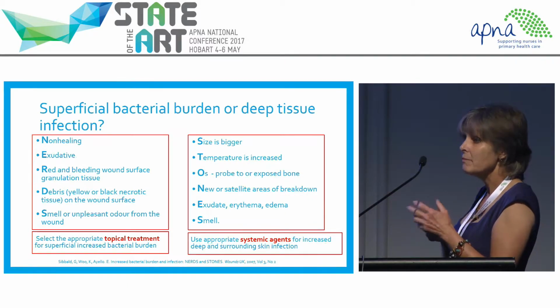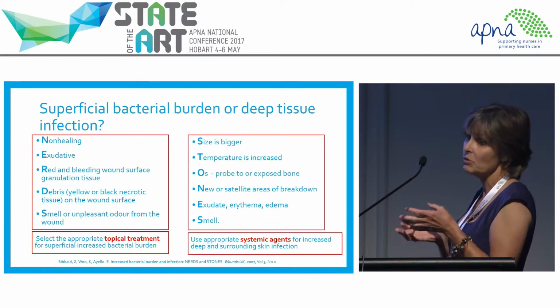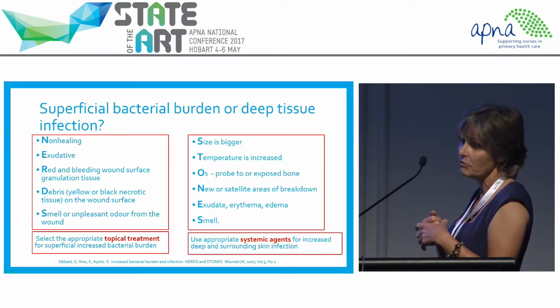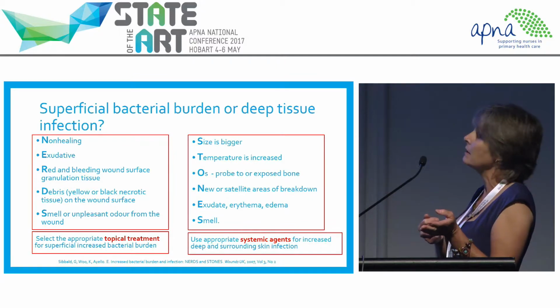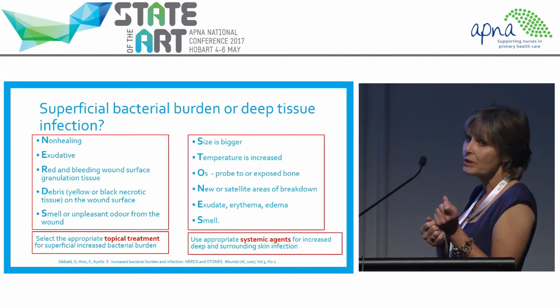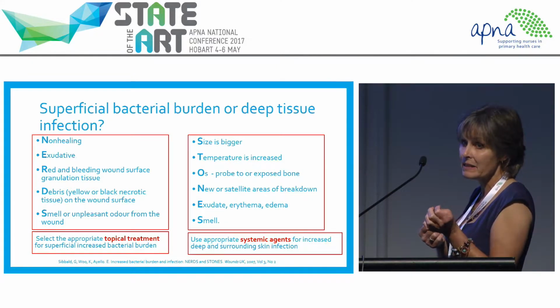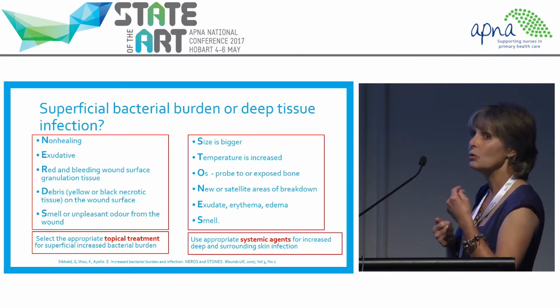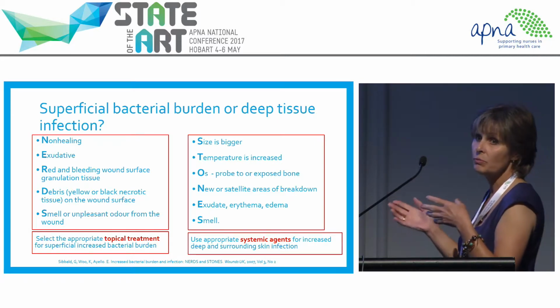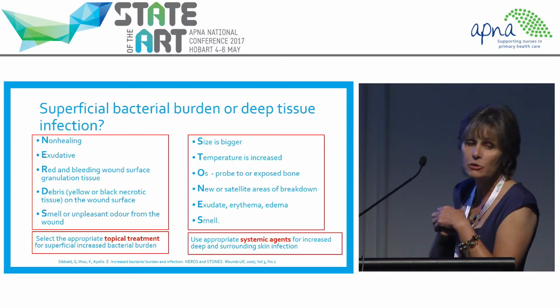A chronic wound, it might be just that it's doing absolutely nothing at all in spite of your best care. So that might be a sign that that wound is critically colonised. It's got too many bacteria living in there for the wound to be healing. So therefore, we can look at a topical treatment, which could be any one of the dressings that we talked about recently.